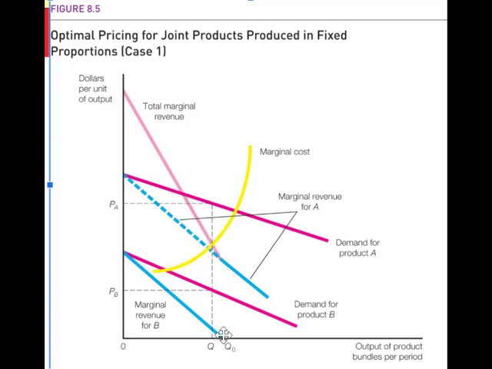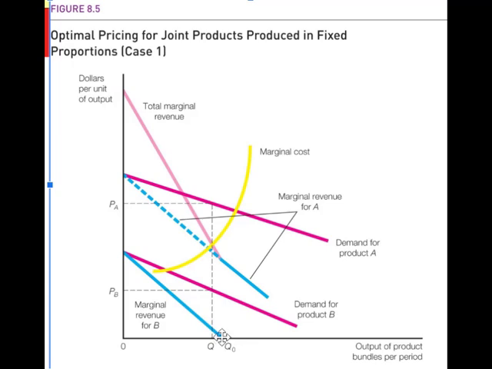But once the output level reaches Q0, you don't want to produce any more product B because it generates negative marginal revenue, which means only reducing your total revenue. So you stop producing product B once you reach Q0.